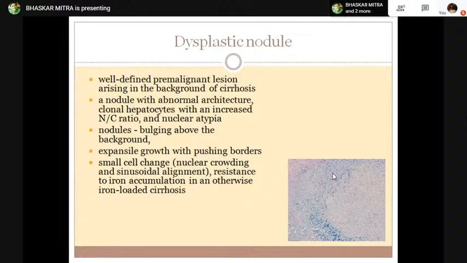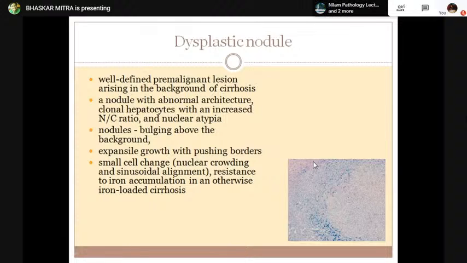As I previously mentioned, a dysplastic nodule is a well-defined pre-malignant lesion usually seen in a background of cirrhosis. Non-cirrhotic livers don't show this type of dysplastic nodules. Again, there is a clonal hepatocytic proliferation with increased density ratio. The nodule bulges out, or it shows a prominence.